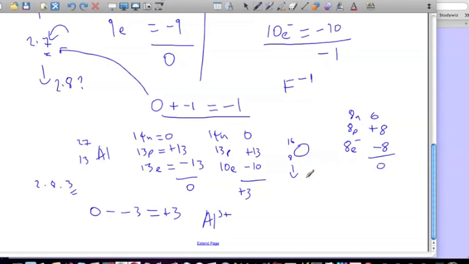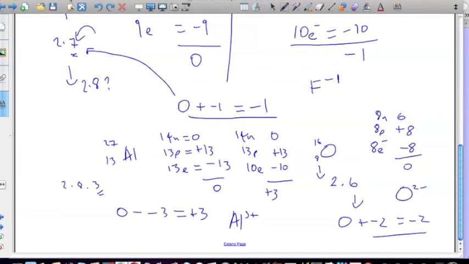Its electronic configuration is 2.6. To this 6, we are going to add 2 negative electrons. So 0 plus minus 2 is minus 2. So oxygen is 2 minus. Okay?